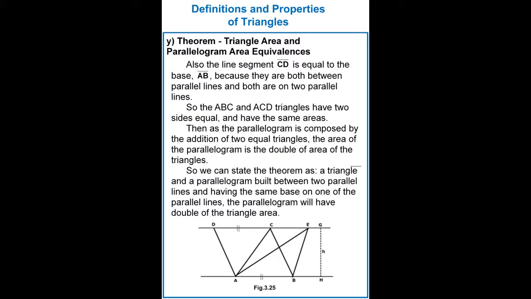As previously reported, it has been shown that the triangles ABC and ACD are equal because they have equal sides, and the sides AD and BC are parallel. Then, since the parallelogram is composed of the sum of the two areas of the equal triangles, the area of the parallelogram has double the value of the areas of the triangles.